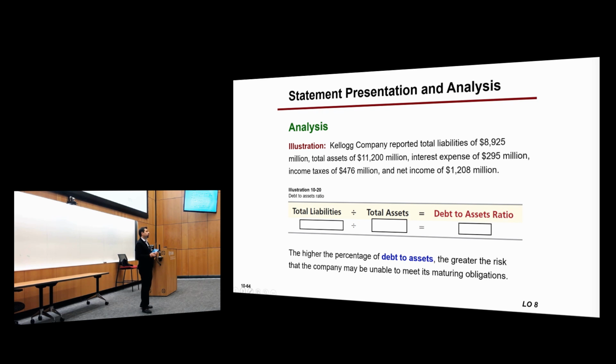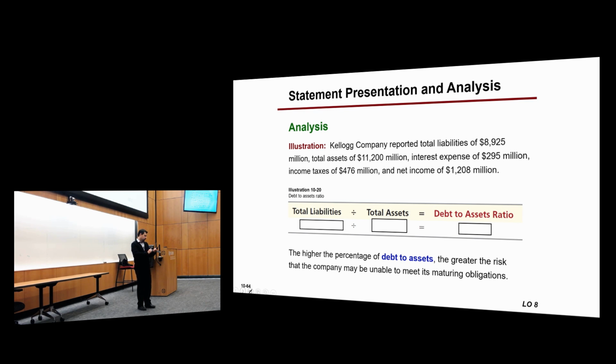Now, debt to asset ratio is simply looking at how much debt you have compared to whatever assets you have. So this is where you divide total liabilities by total assets. The idea here is to find, for example, for every dollar of liabilities, of debt, how many dollars of total assets you have to cover them.